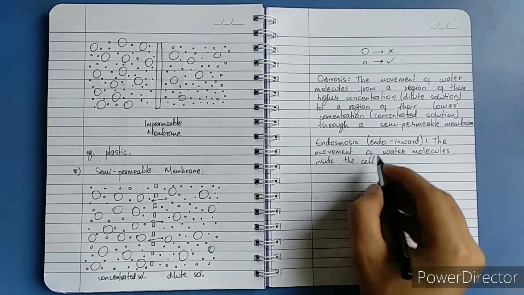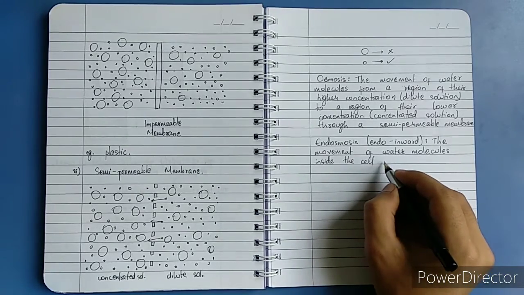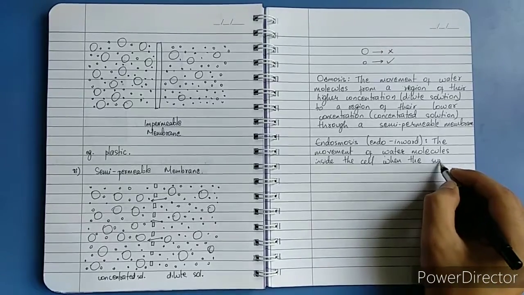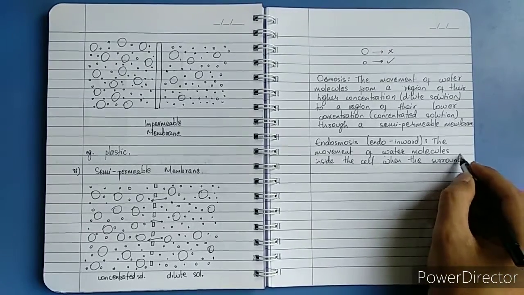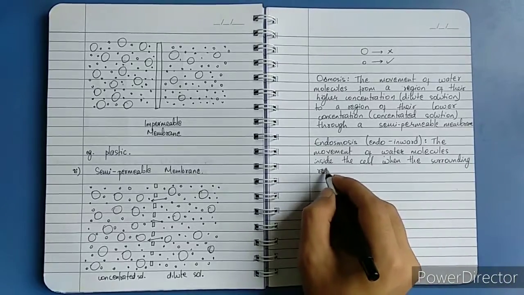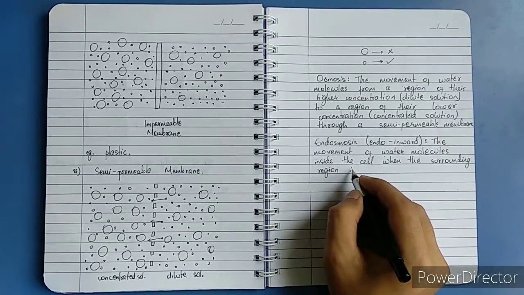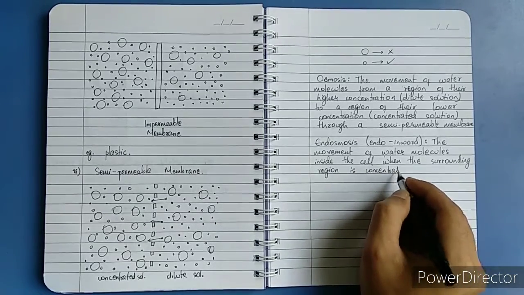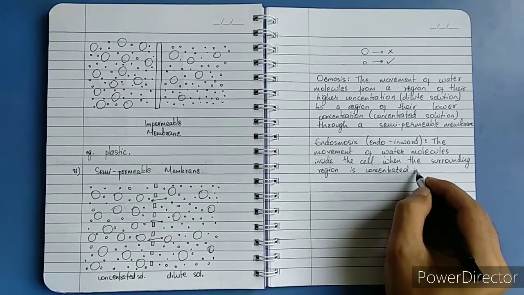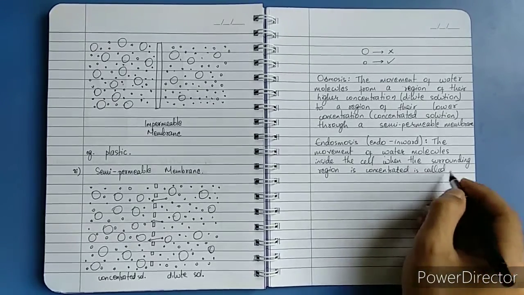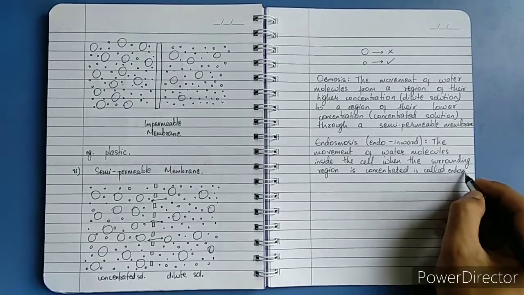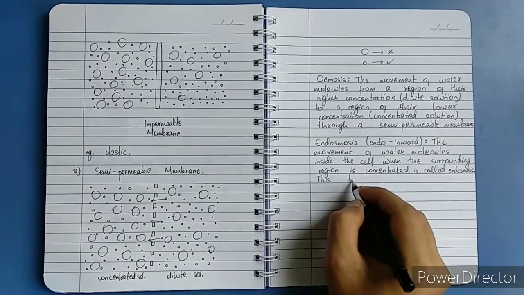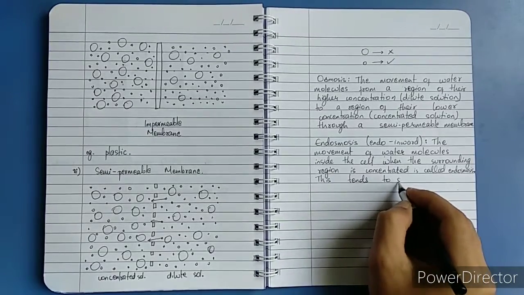So the movement of water molecules inside the cell, when the surrounding region is concentrated, is called endoosmosis. This tends to swell up the cell.